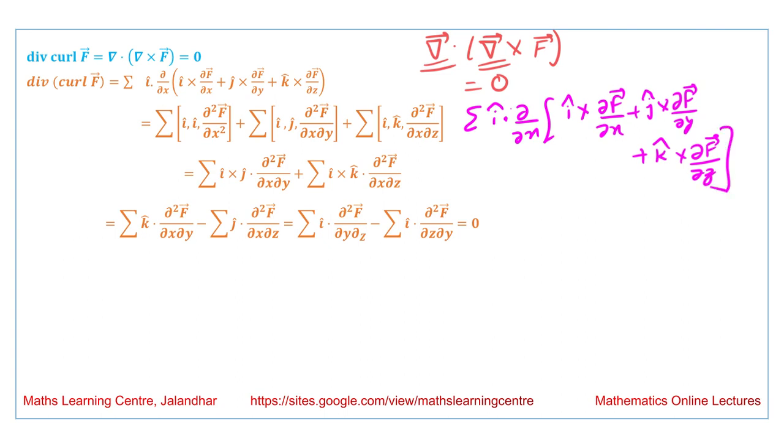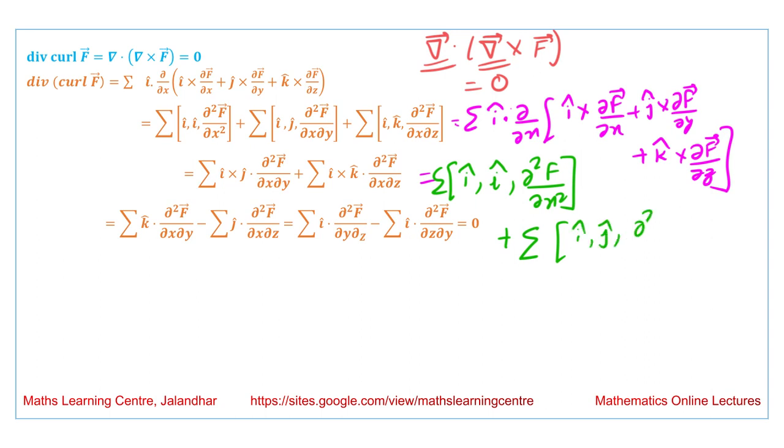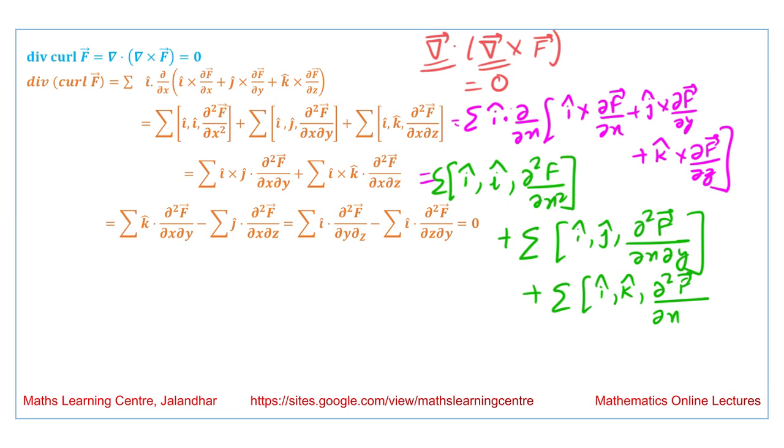And these values are equal to the scalar triple product, the sum of terms in this form: i cap ∂²f/∂x², then plus sum i cap j cap ∂²f/∂x∂y, and last sum i cap k cap ∂²f vector/∂x∂z.